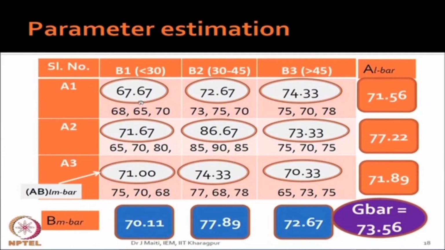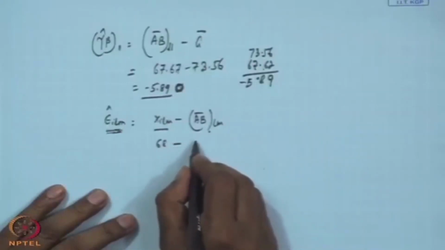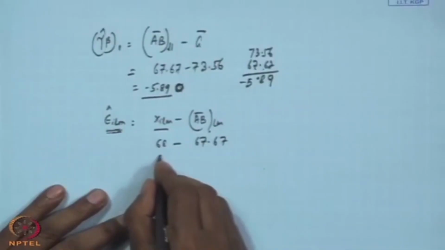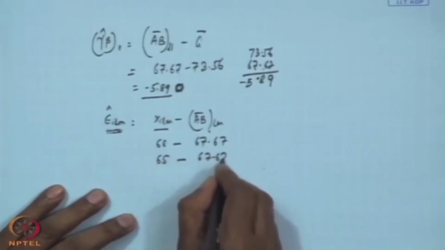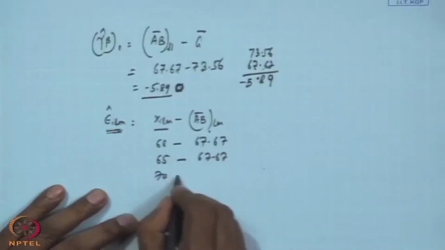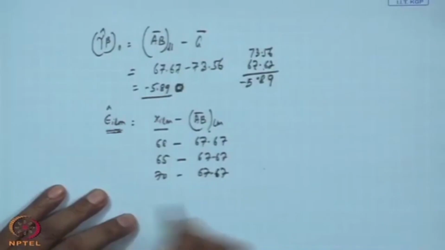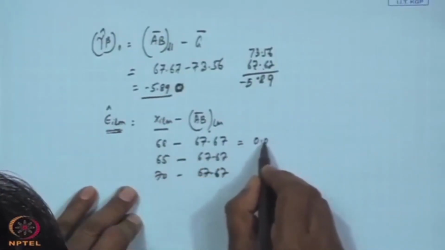In this manner you will calculate. That means the first three observations: 68 minus 67.67, then 65 minus 67.67, then 70 minus 67.67. So, this one is, I think, 0.33.